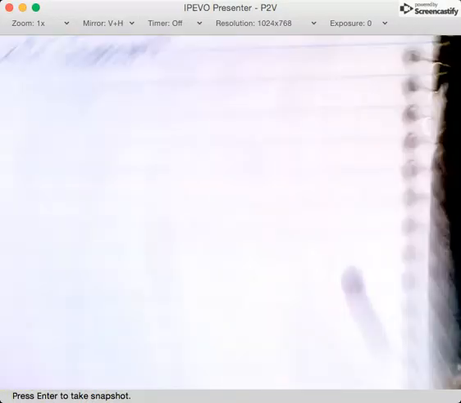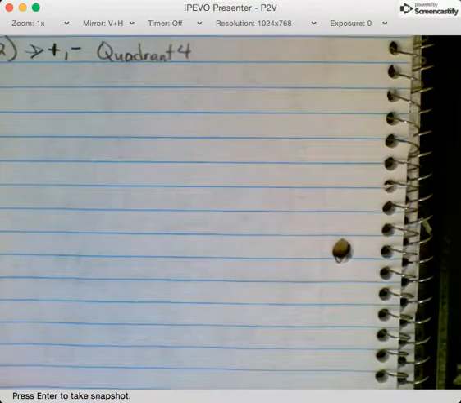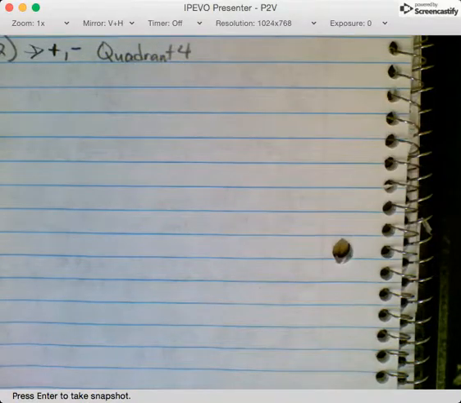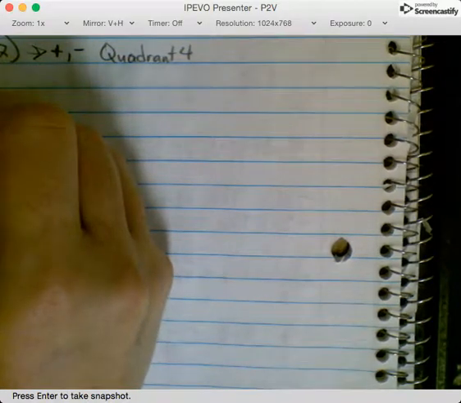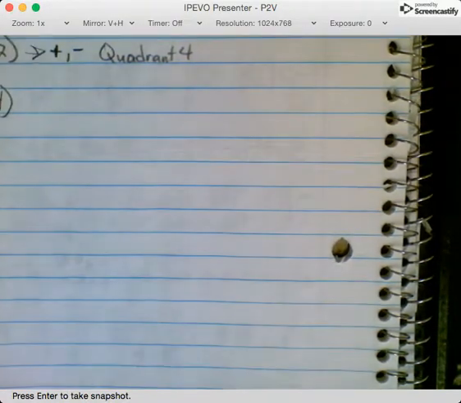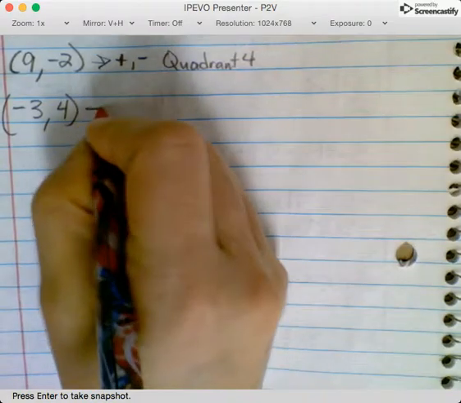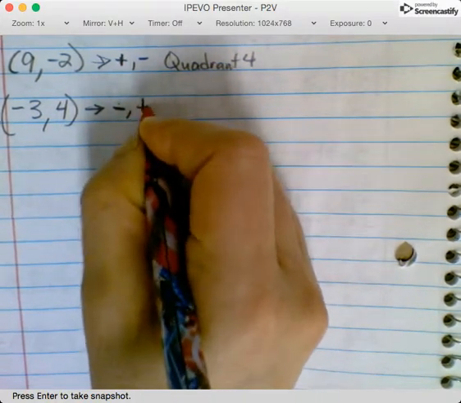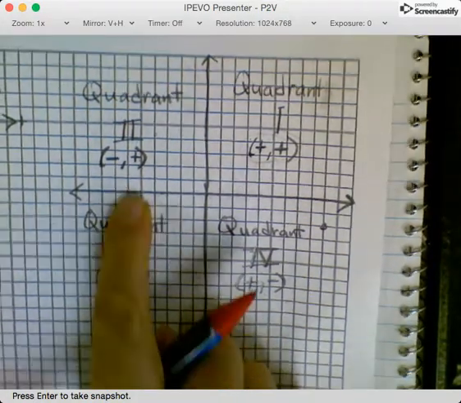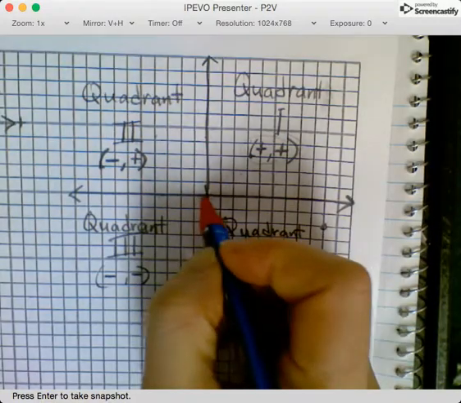Okay, let me do another example. So I have -3, +4. So this one, I have a negative and a positive, and I can just look at my chart here. Negative, positive is quadrant 2, but I can prove that by plotting the point.